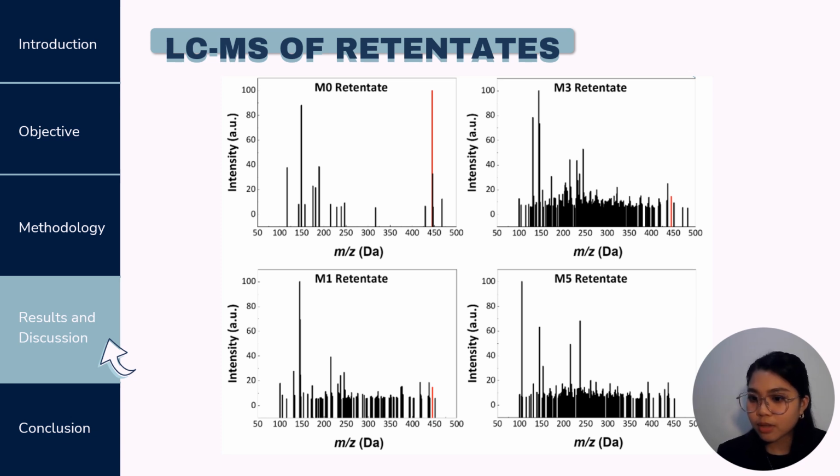So we can see that as we add the coating at 1% and 3%, the peak generally decreases, which means that there is a partial degradation of TC at the retentate. But as we observe the M5, there is no peak at all. There are no detectable peaks at all, signifying complete degradation of TC at the retentate.